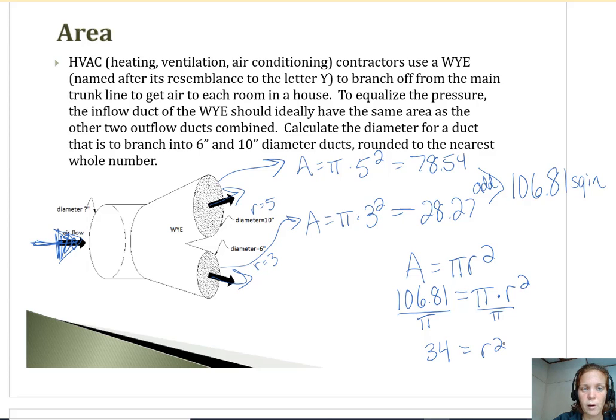Now opposite of squaring something is square root, remember? So that's how we can get rid of that squared. So square root of 34 is 5.83.